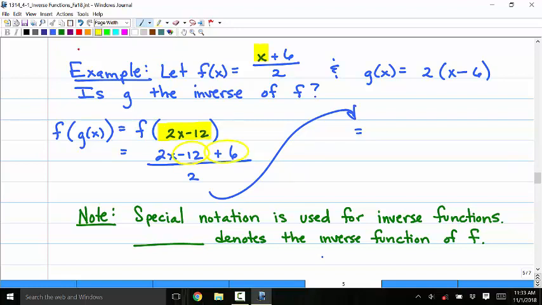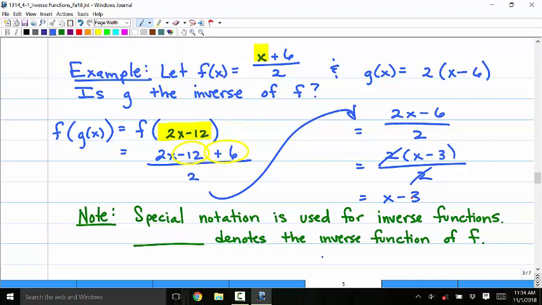Minus 12 plus 6 gives me minus 6 all over 2. If I factor out a 2 in the numerator, I get x minus 3. The 2's will now cancel. What's my answer? x minus 3.